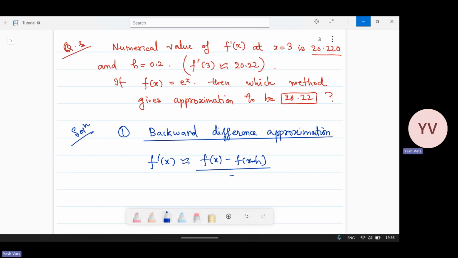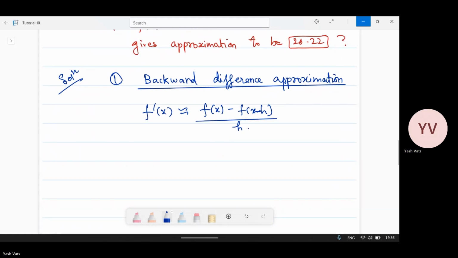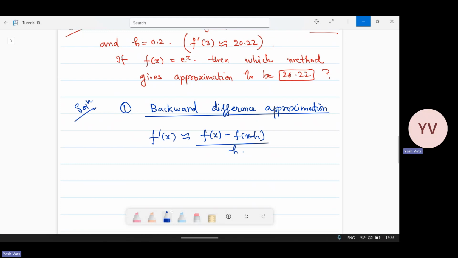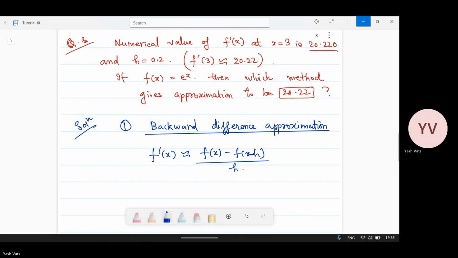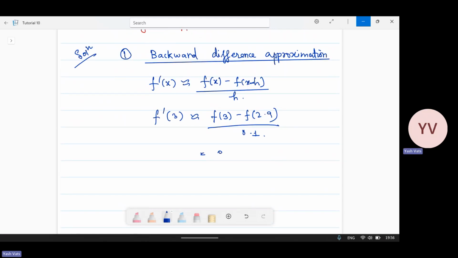In backward difference approximation, f x is e to the power x at 3. So f dash 3 is approximated by f 3 minus f 2.9 divided by 0.1.